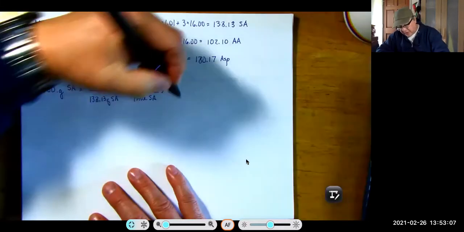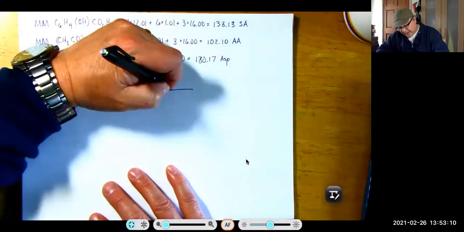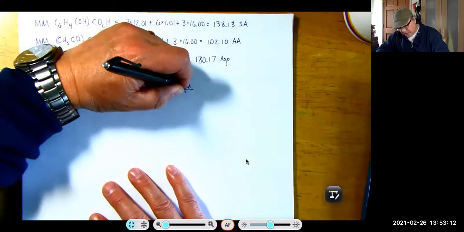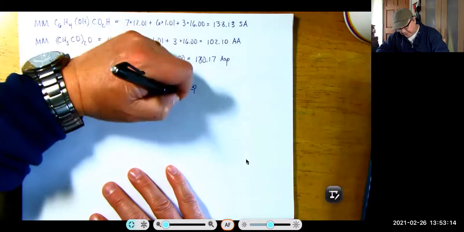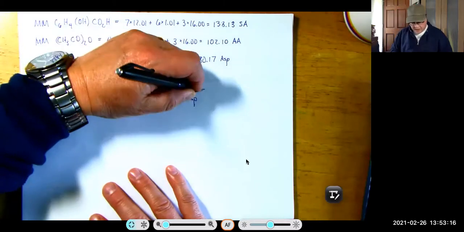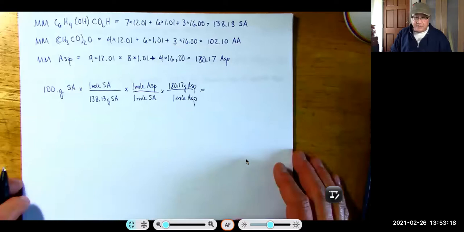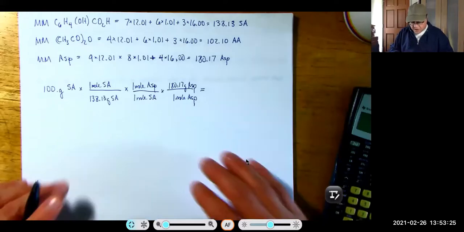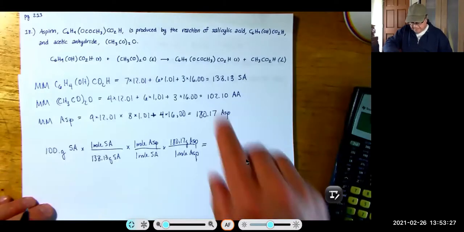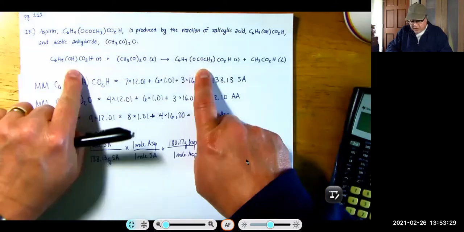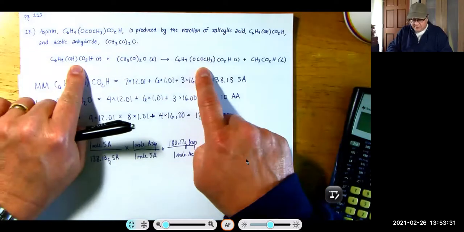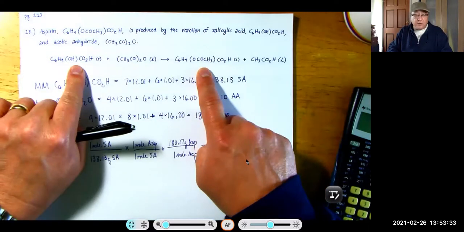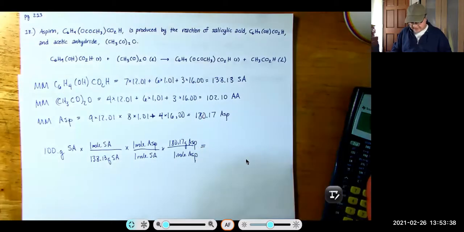And then it's 180.17 grams of aspirin to 1 mole of aspirin. And we can see that we're going to get a bigger number than we started with. And the reason for that is because if you look at the aspirin molecule right here, compared to what we start with, we get a 1-to-1, but the one we get is far bigger than the one we started with. And that's why we get more product than reactant.